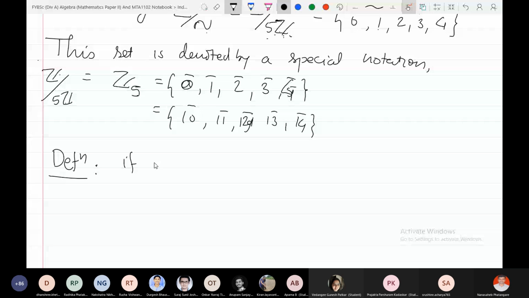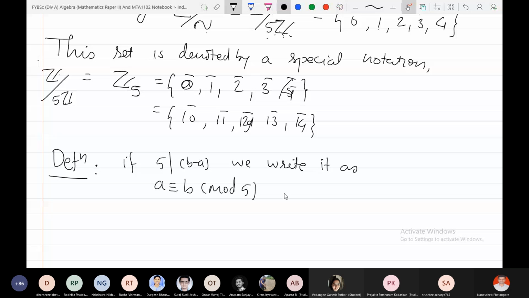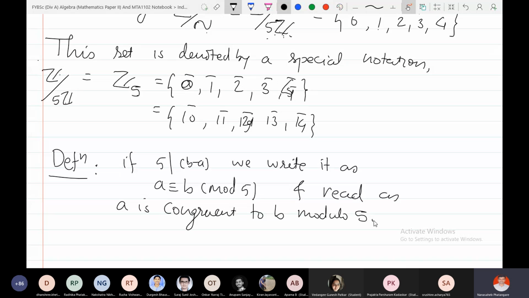If 5 divides b minus a, then we write it as a is congruent to b, and read it as a is congruent to b modulo 5.